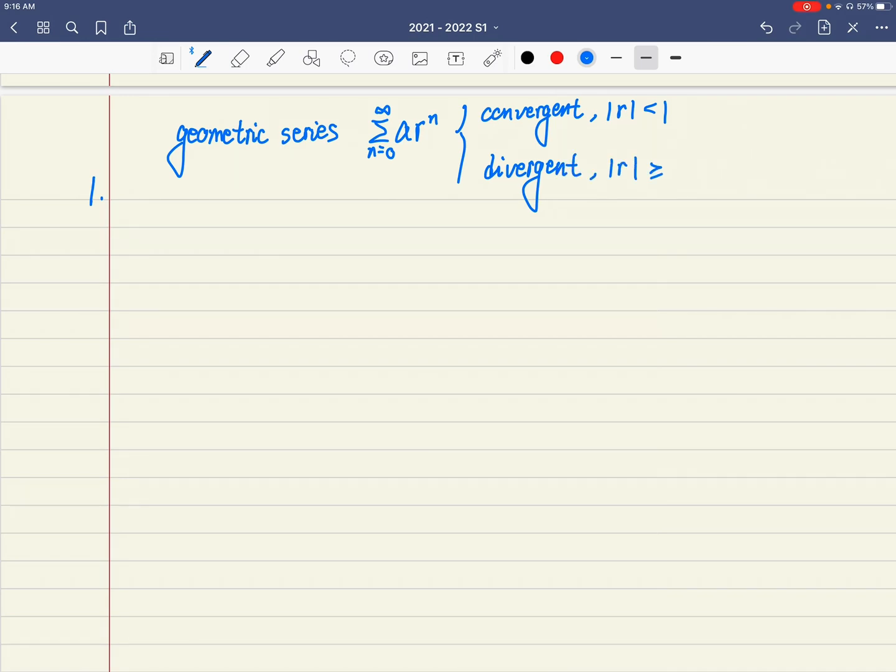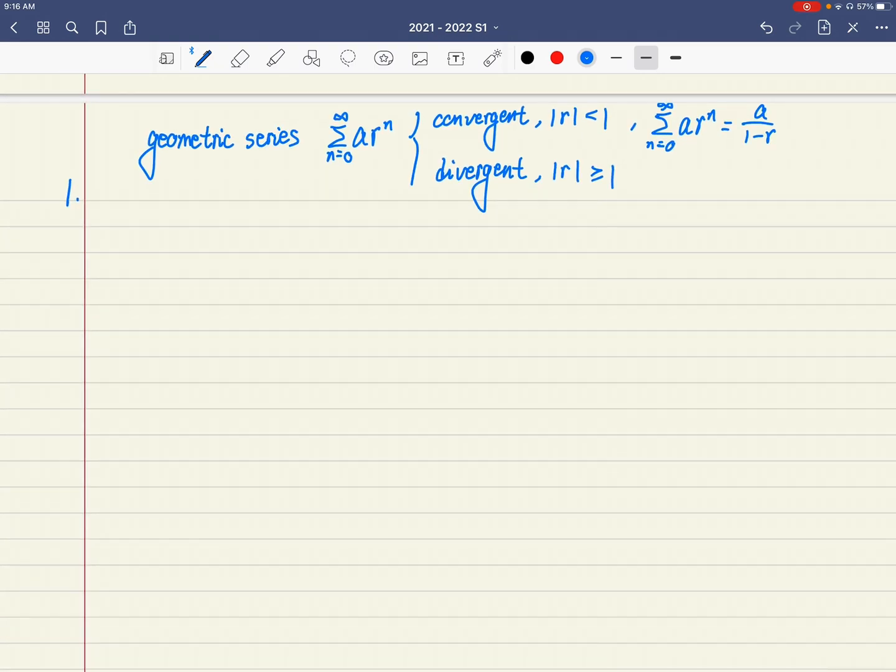Then if it's convergent, the sum is equal to a over 1 minus r. So if a function looks like this, a over 1 minus r, then it can be transformed into a geometric series.